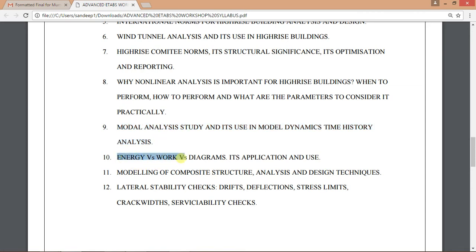Energy versus work diagrams and their application. This is also a very important area: which part of the building is governing most at which particular load case, and how to use this in a real project.